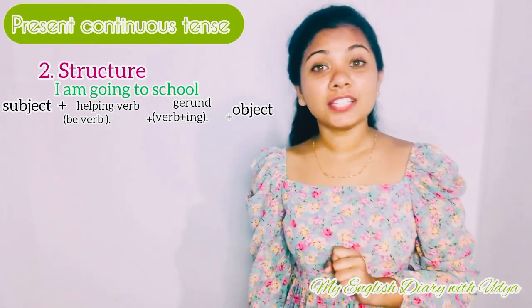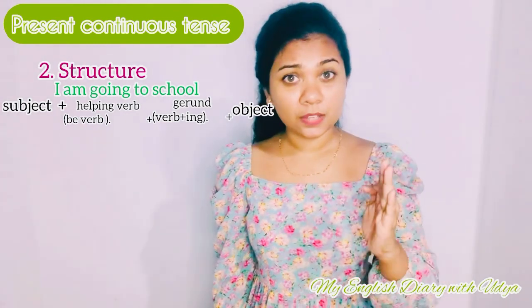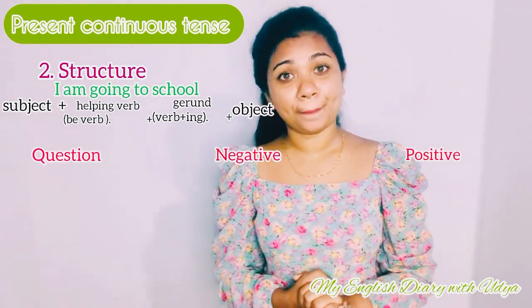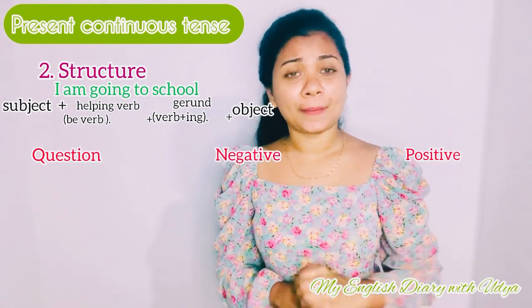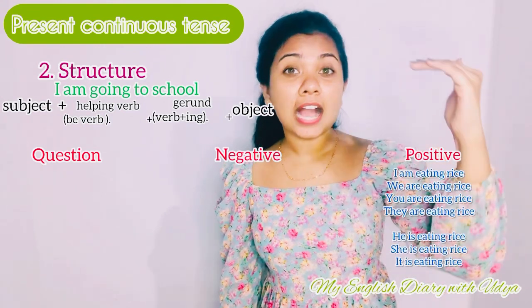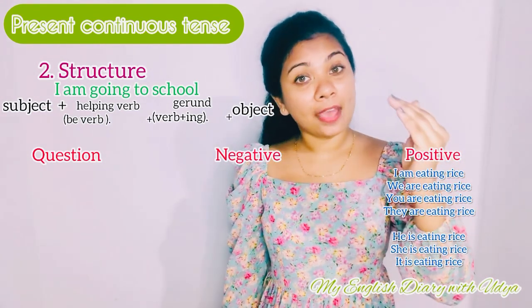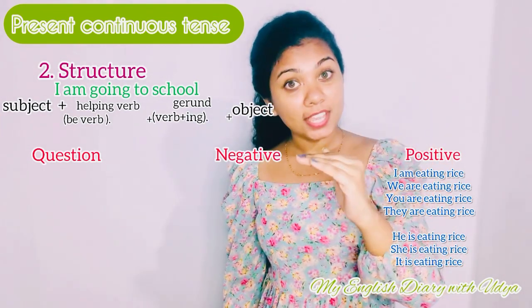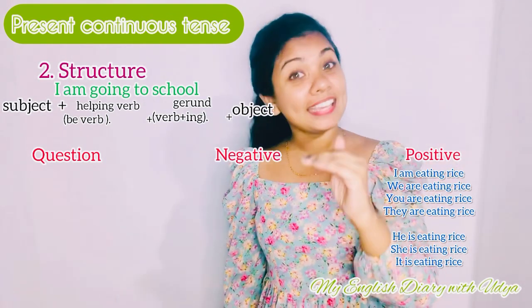Now I'm going to teach you how to express present continuous tense in the positive situation, negative situation, as well as questions. Positive means yes. I am eating rice. We are eating rice. You are eating rice. They are eating rice.